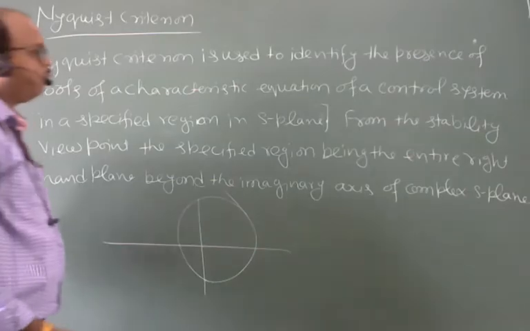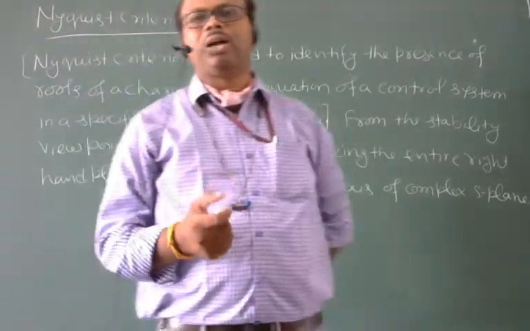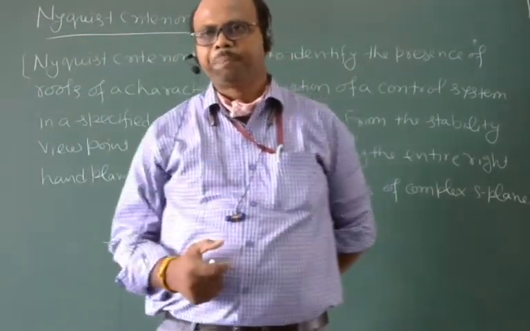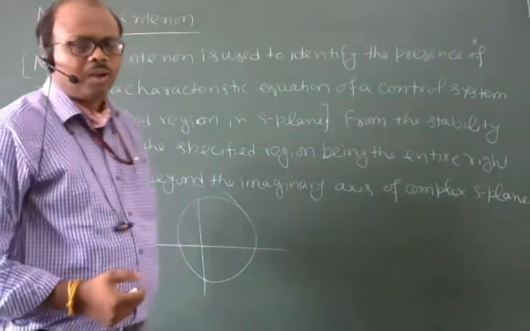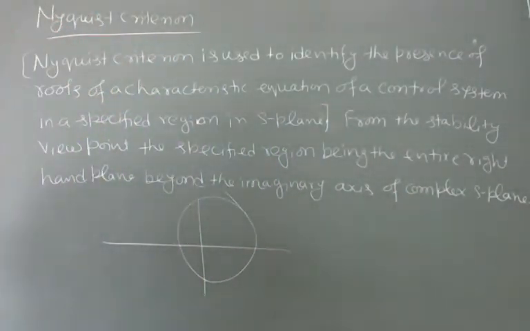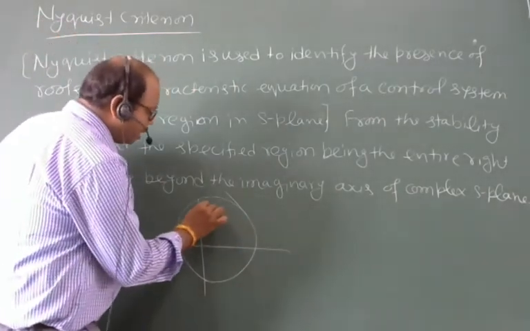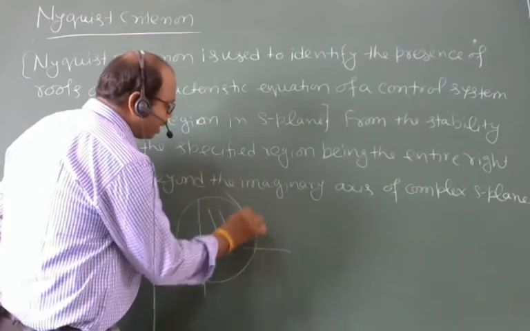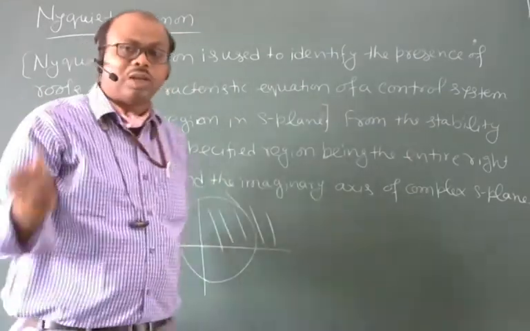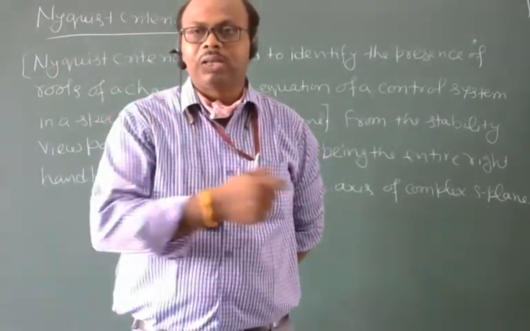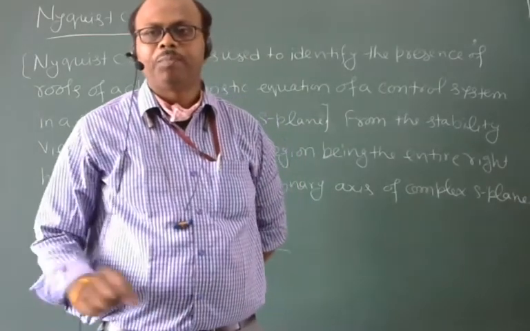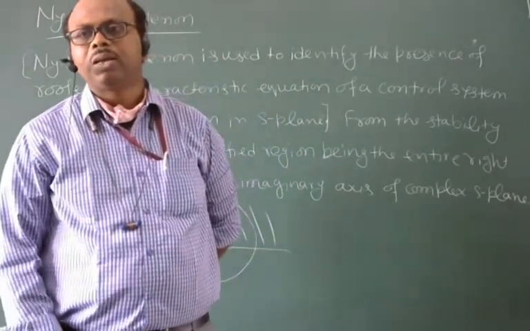And what is the stability criteria in S plane? In S plane, the stability criteria say that if the poles are in the right half of the S plane, or if a single pole is in the right half of the S plane, the system will be unstable.